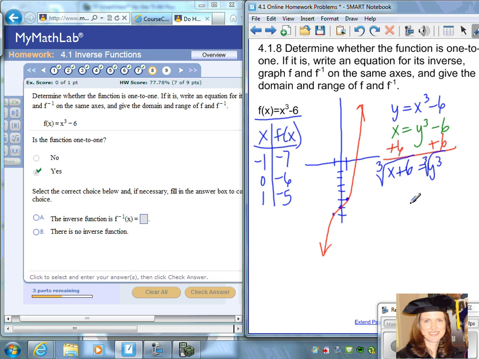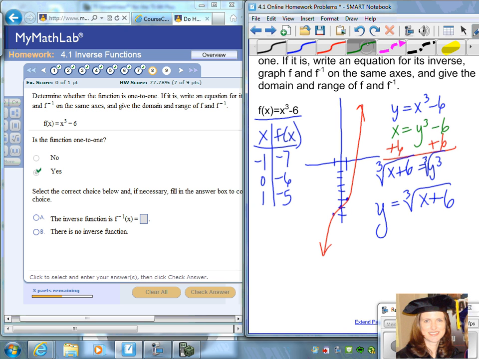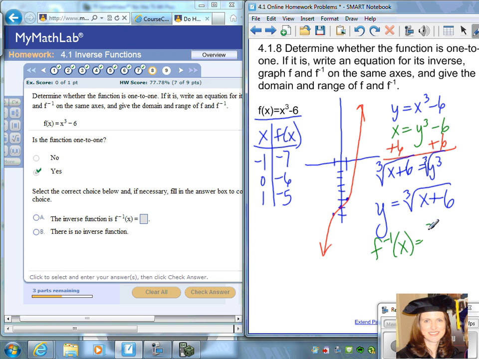And we get the cube root of y cubed is simply y equals the cube root of x plus 6. And then the last step in finding the inverse is to replace the y with the notation for inverse. f inverse of x equals the cube root of x plus 6.